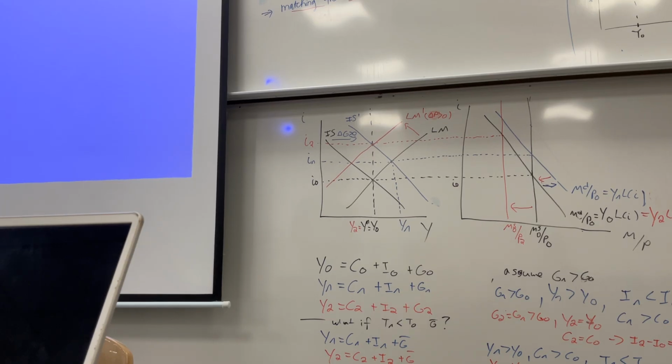That's 3 meals at the canteen. If the price goes up to 45,000 dong, well that's only 2 meals of money in my pocket. So it'd be the same thing as if the prices stayed at the 30,000 dong, but the money supply that I had went from 90 down to 60. In that case, I would also only have 2 meals at the canteen.